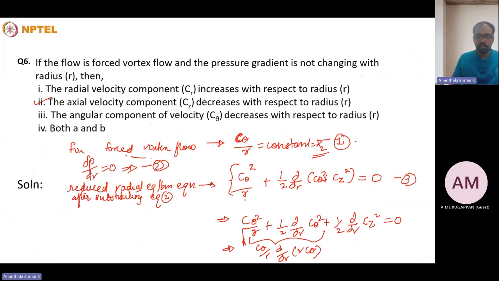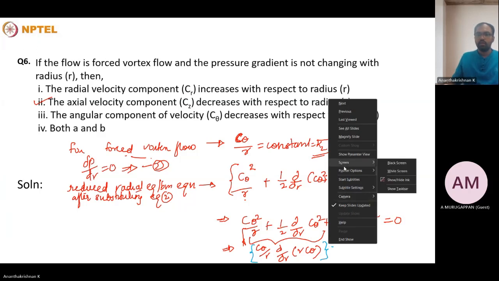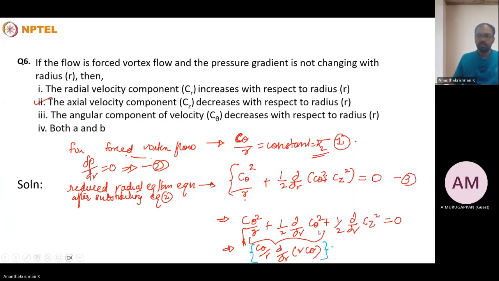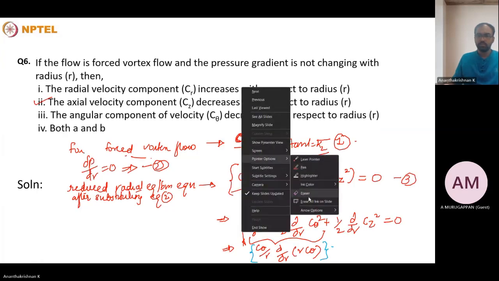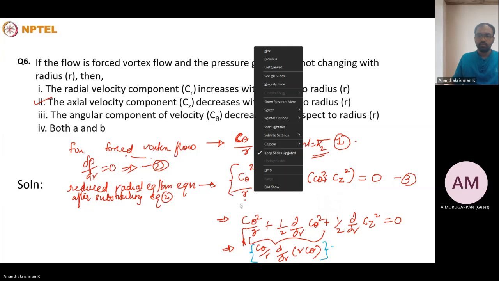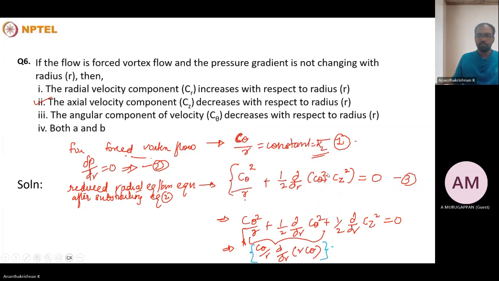We use this differential term as well as this particular term, and we simplify it into this particular form, plus the second term 1 by 2 into d by dr of Cz squared equal to 0.